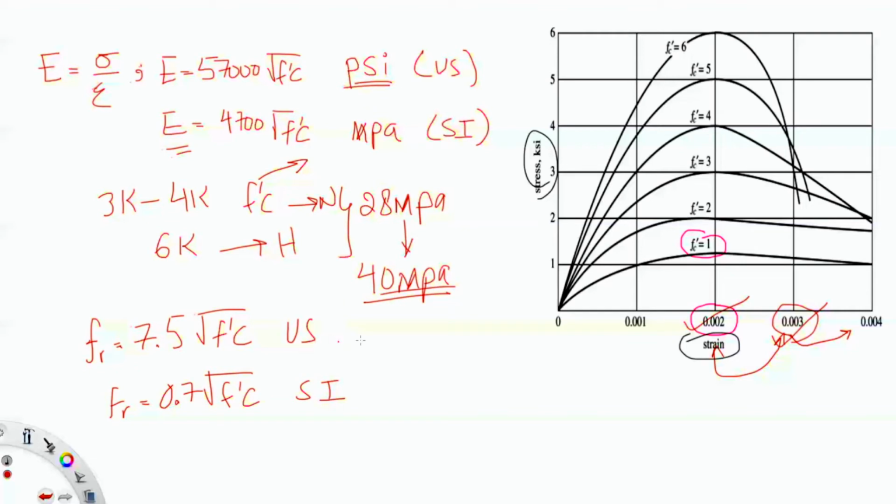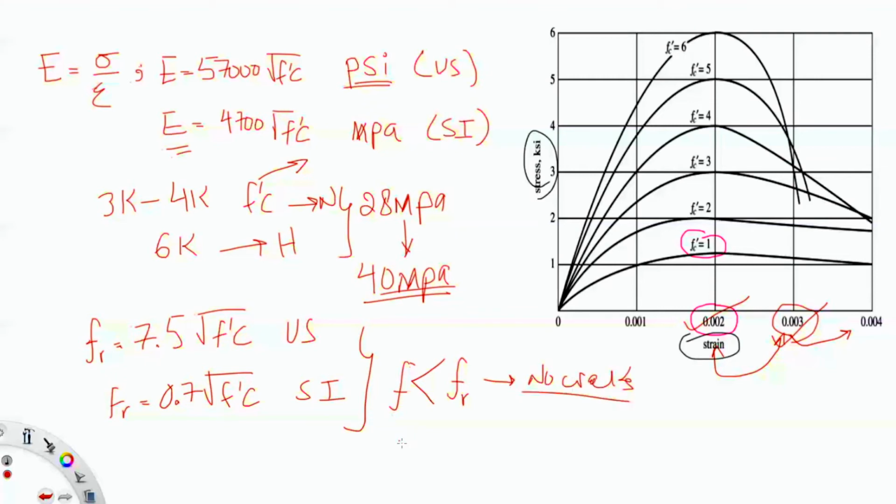So what does it mean? Quickly saying, if the stress in a beam exerted by the load is less than the flexural property of the concrete, that means we will not have any cracks in the beam.